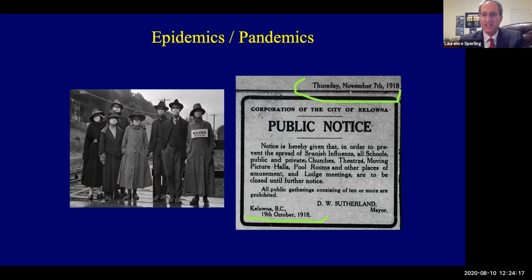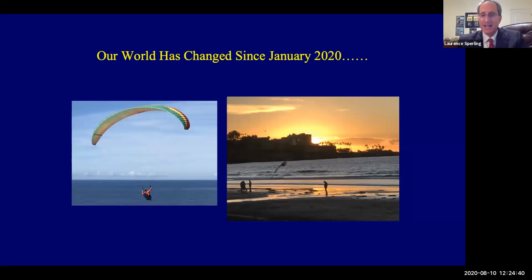This public notification is saying that during the Spanish influenza, all schools, churches, theaters, movie picture halls, pool rooms, and other places of amusement and lodges and meetings are to be closed until further notice. Next slide.